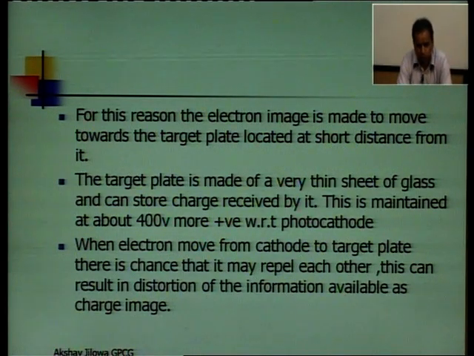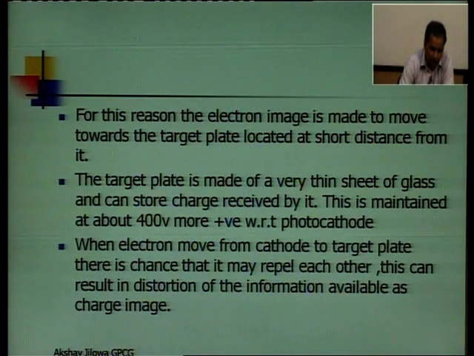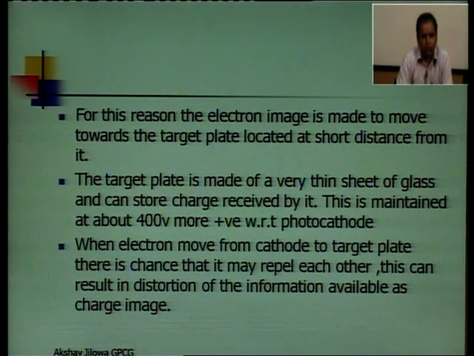When electrons move from the photocathode to the target plate, there is a chance that they may repel each other. This can result in distortion of the information available as a charge image.